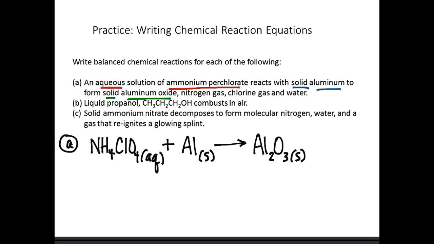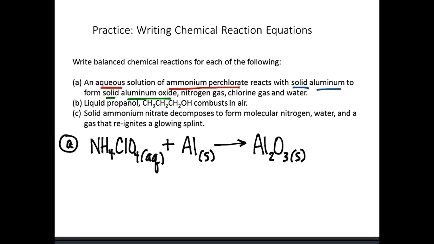And so aluminum is in group 3A, which means it has a +3 charge. Oxide is 2 columns to the left of the noble gases, which means it has a -2 charge. So aluminum oxide goes together with 2 aluminums and 3 oxides to make an overall 0 charge. Okay, if you're still having problems with that, let me know. We can work on writing those formulas. But that's the hardest part of this, is writing the formulas.